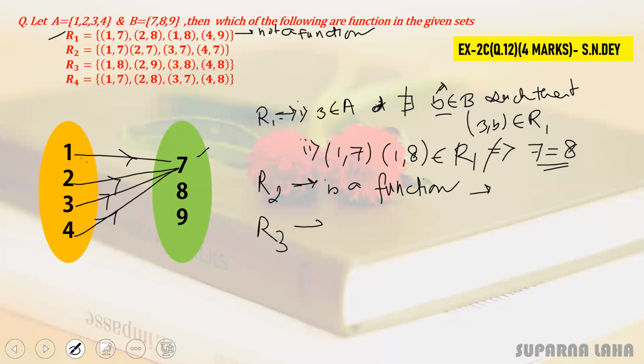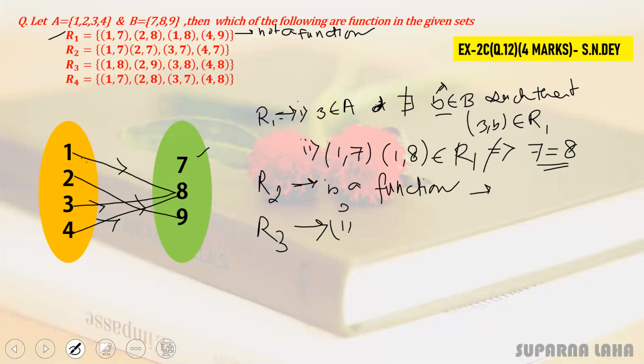Now moving to R3. So draw the diagram first, that is (1, 8), (2, 9), (3, 8) and then (4, 8). Every element has an image. First condition satisfied.